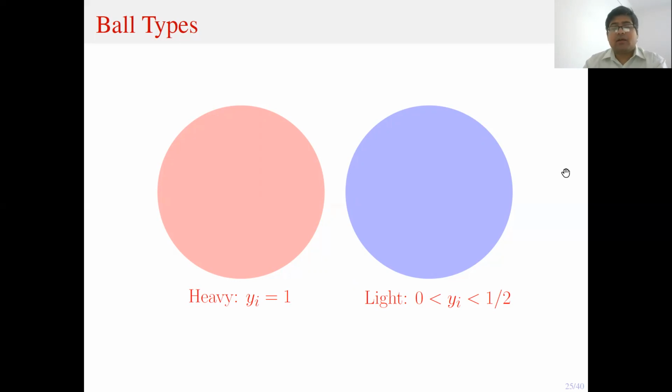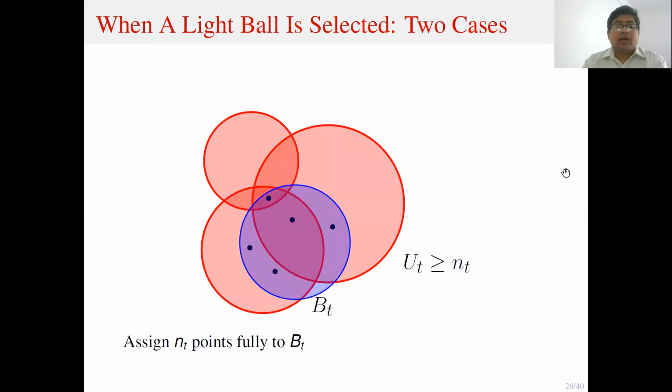So I will select a subset of the light balls in my solution. But I have to make sure that I do not end up opening or selecting too many light balls in my solution. So the algorithm that we use is the following. In each iteration, we judiciously select a light ball, here the blue ball BT in this figure.